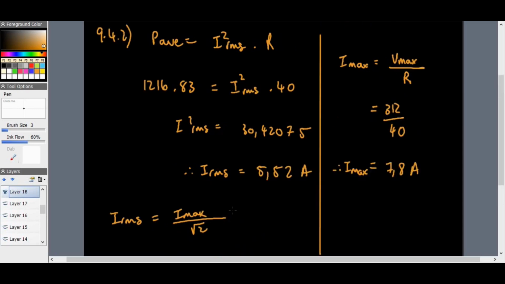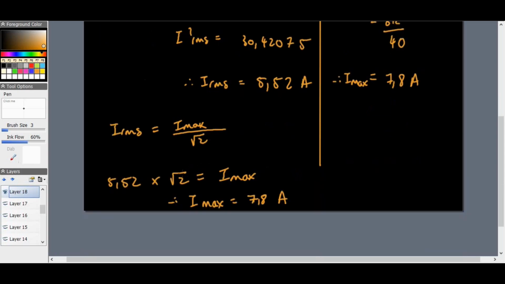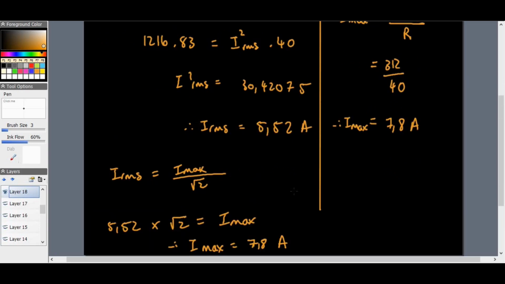A safer method, maybe, if you don't click that Ohm's law can also be used here. So if you didn't think this far, it's fine. This is a simple method. Plug it in here, get the RMS current, plug it in here, get the maximum current. Same thing, 7.8 amps. It doesn't really matter which one you choose, as long as you do it.